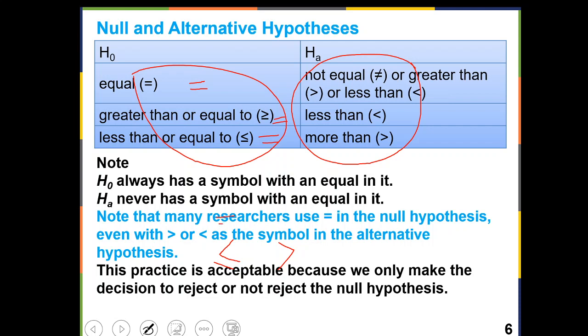If the claim says equal to, the alternative is not equal to. When I say the claim, I mean the claim that is in the null hypothesis. Both of those are claims, but one of them is claimed by somebody, right? So if the null hypothesis says greater than or equal to, the alternative says less than.